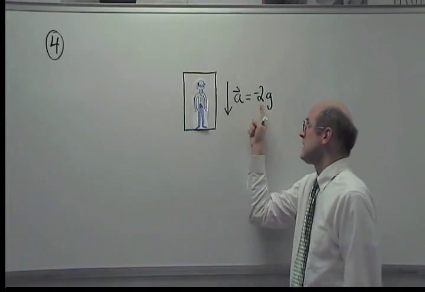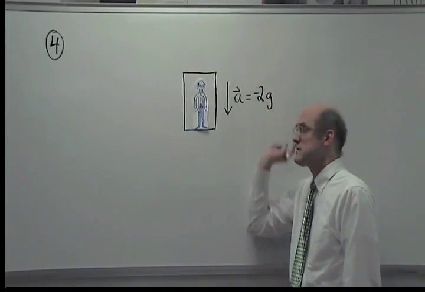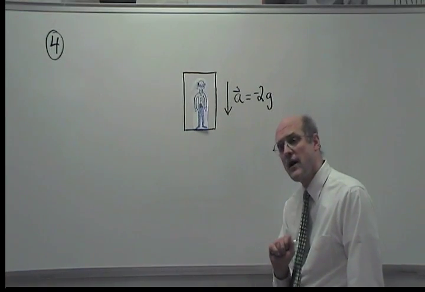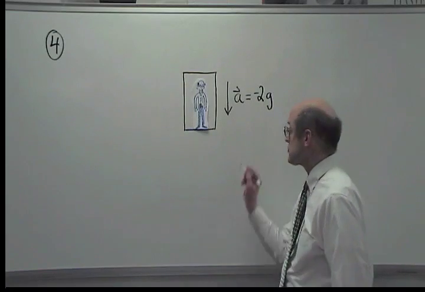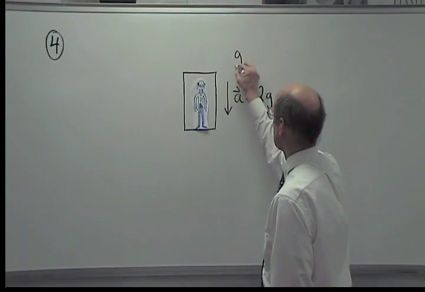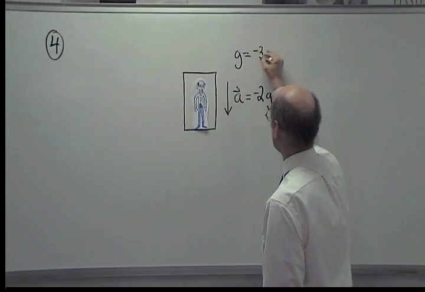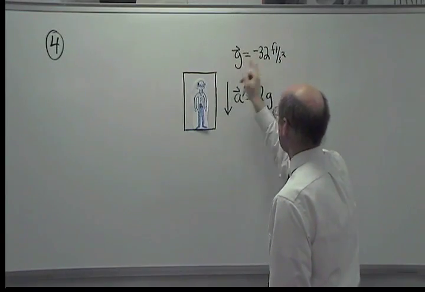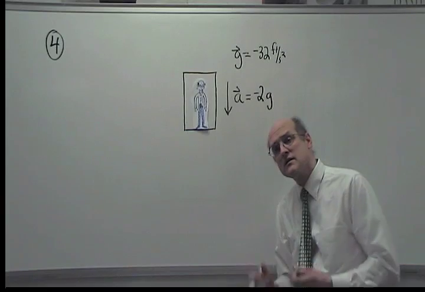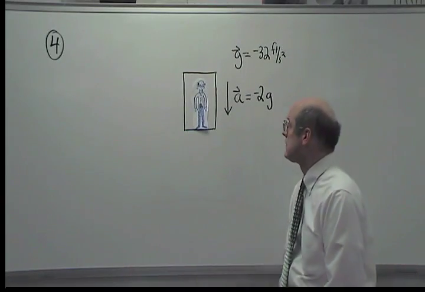So we have -2 times the magnitude of the acceleration due to gravity, which we're going to call 32 feet per second squared. And I placed a negative sign in front of it because, again, down is negative.